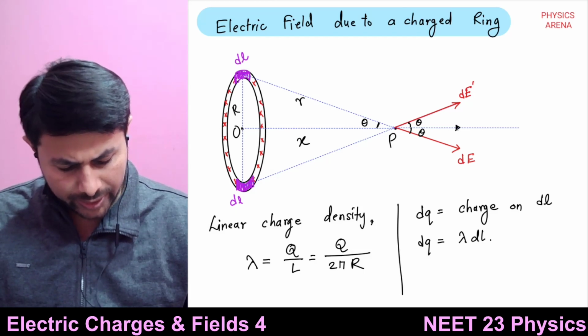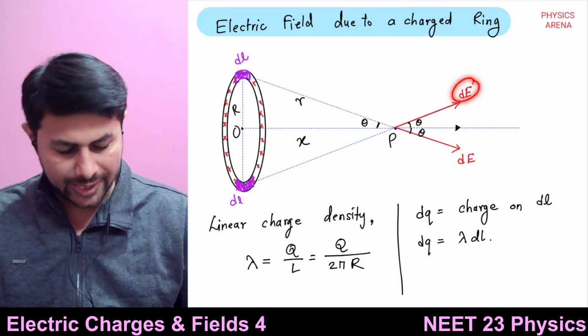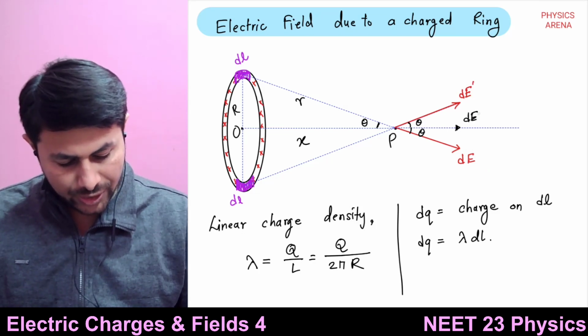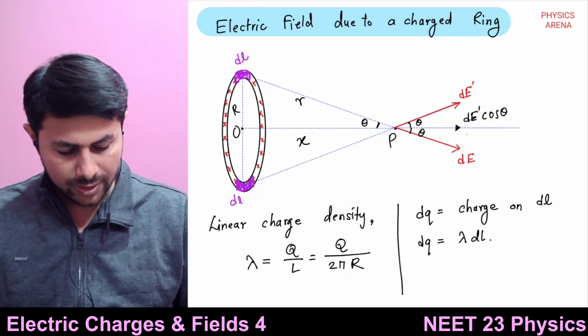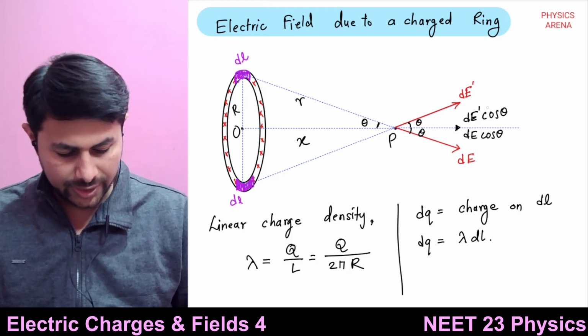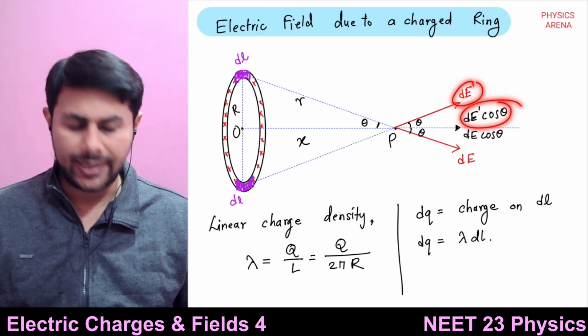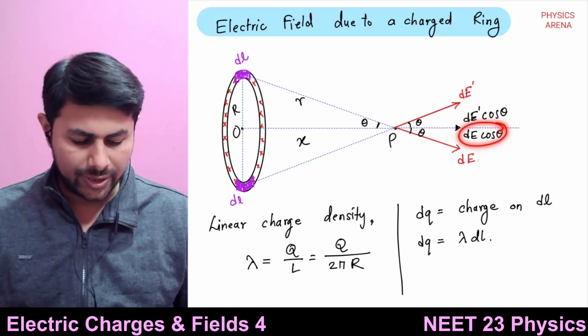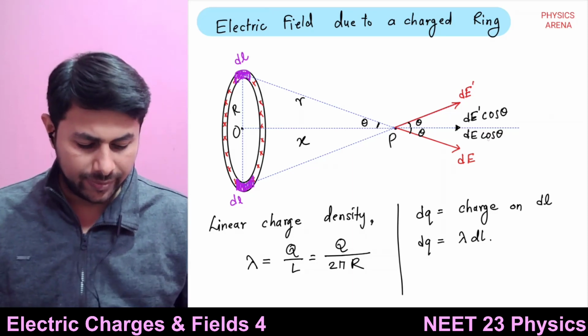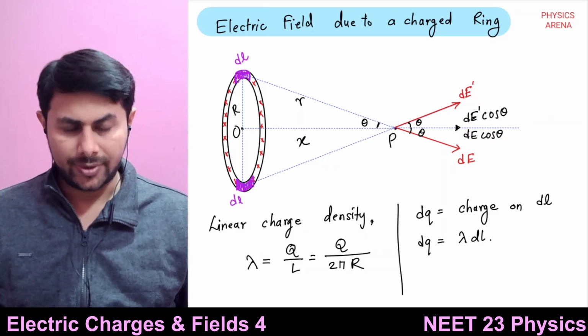So what are the horizontal components of dE prime and dE? They are dE prime cos theta and dE cos theta. This is the horizontal component of the electric field due to dE prime, and this is the horizontal component due to dE. They are in the same direction, so they get added up.